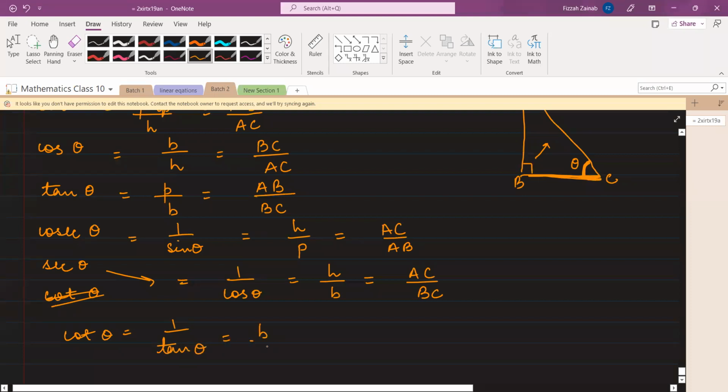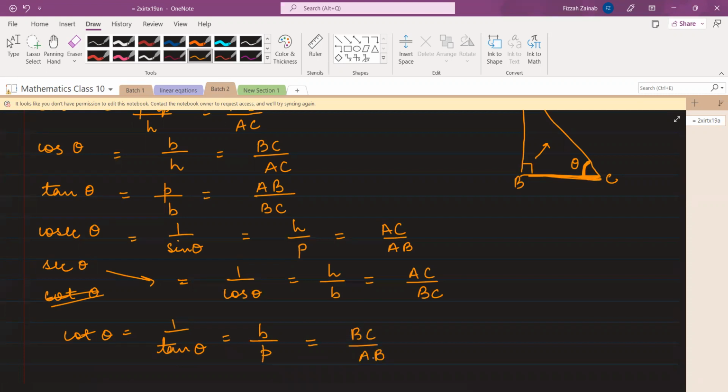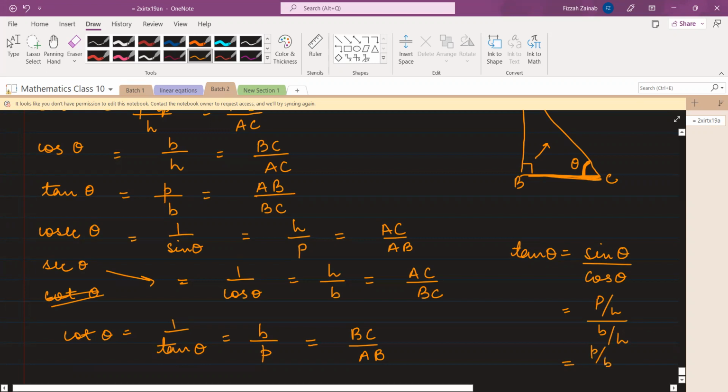So it will be base by perpendicular. So it will be BC divided by AB. Is that understood? And tan theta is nothing but sine of theta divided by cos of theta, right? You can also check it. So you get perpendicular by hypotenuse and base by hypotenuse. So both hypotenuses cancel out and you get perpendicular by base, right?